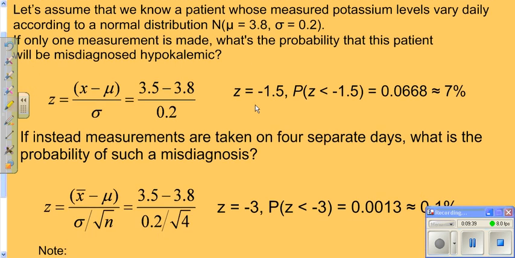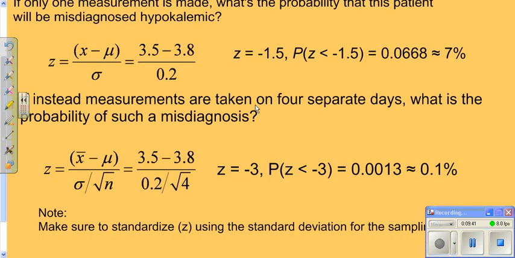But let's go ahead and consider the situation. Instead of doing one sample, we do a sample on 4 separate days. And so we have a sample size of 4. Let's go ahead and figure that out. We want to be less than a 3.5 to be misdiagnosed, minus your mean of a 3.8. Since we're dealing with a sample, we've got to put it over the square root of n for your standard deviation.